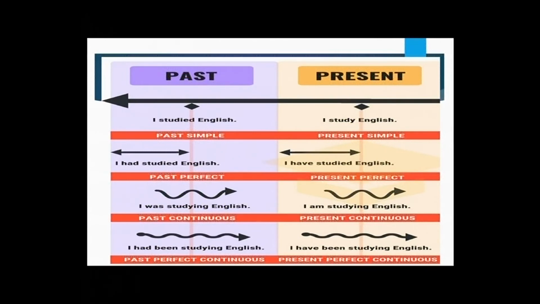In present perfect continuous, we use has or have, with the third form of the verb be, that is been, and the first form of the main verb and ing, right? That's why in past perfect continuous we have used had been studying, and in present perfect continuous we have used have been studying. So this is the difference between these two tenses and their aspects, right?